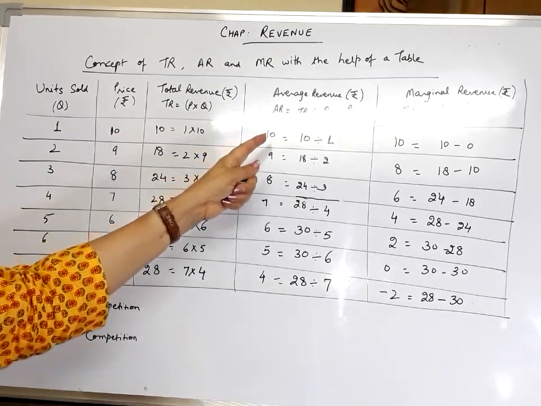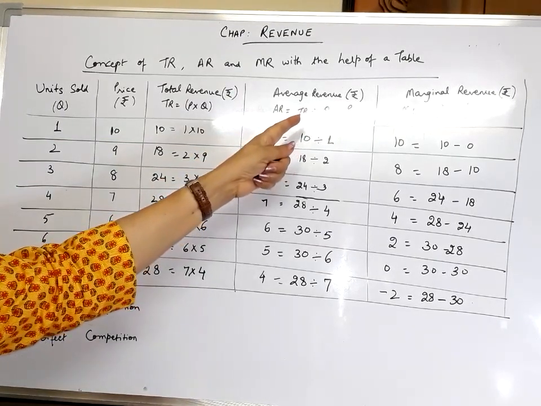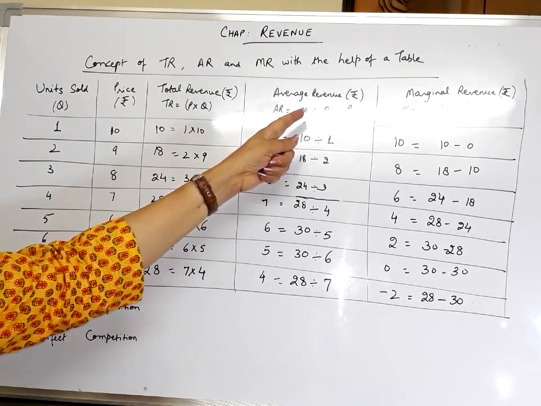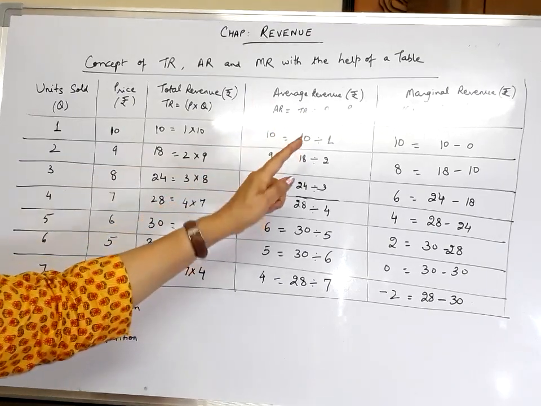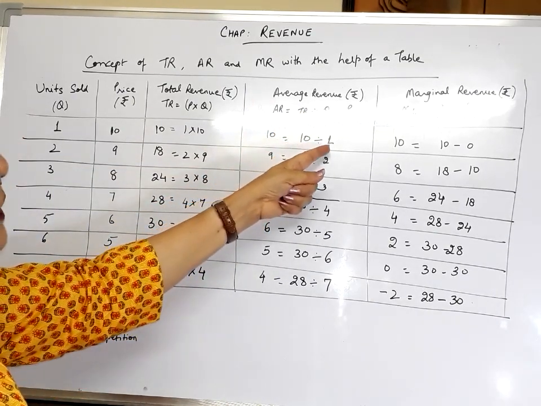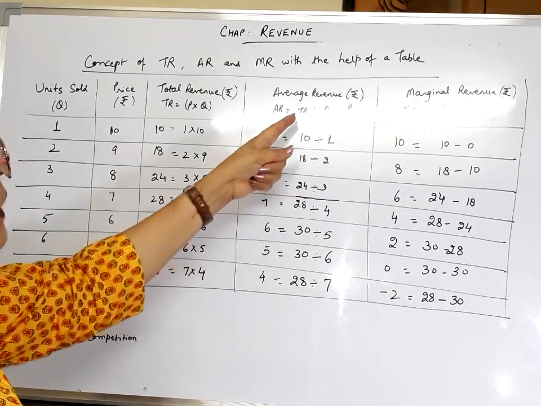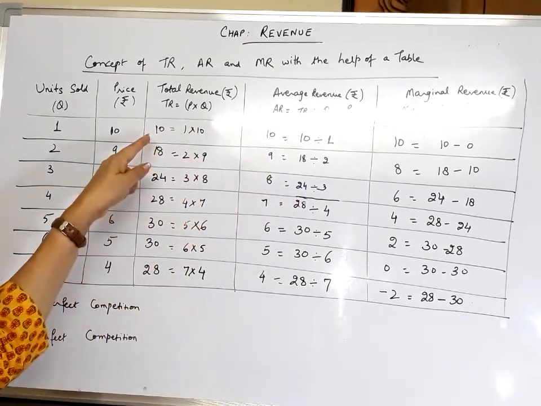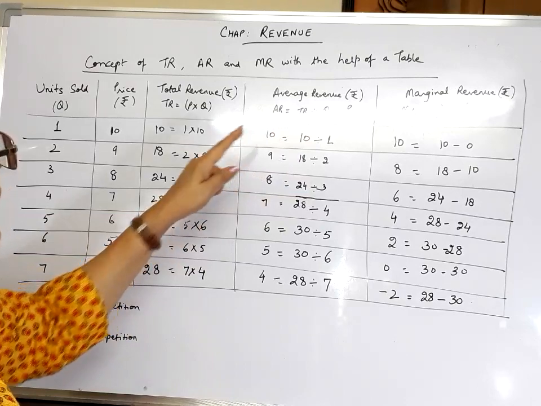Then average revenue. Average revenue is calculated by the formula total revenue divided by units of output produced, that is the price per unit. Hence, when 1 unit is produced, total revenue being 10 here, divided by 1 you get 10.